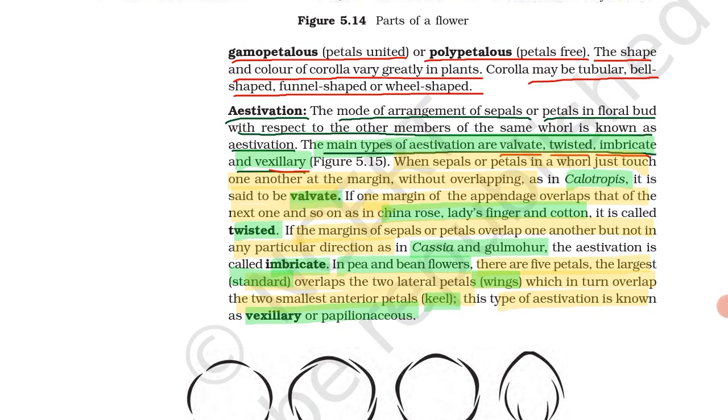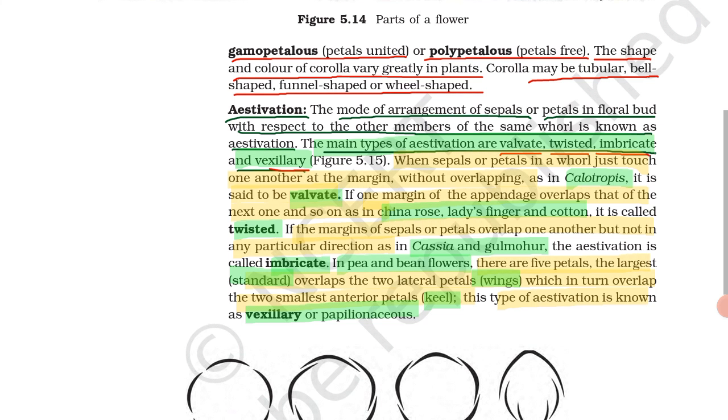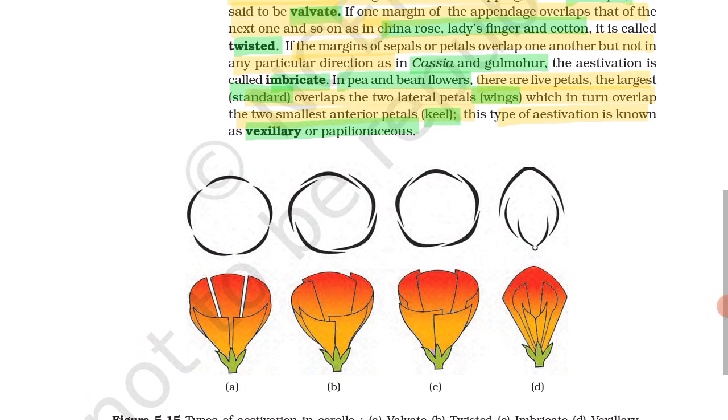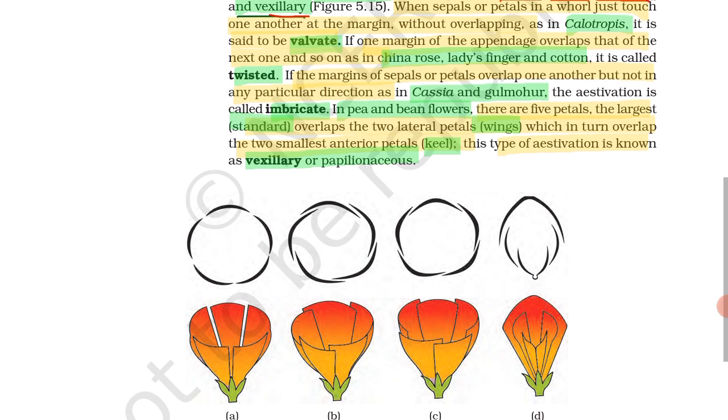In valvate aestivation, when the sepals or petals in the whorl just touch one another at the margin without overlapping, it is called valvate aestivation. See figure 5.15a.